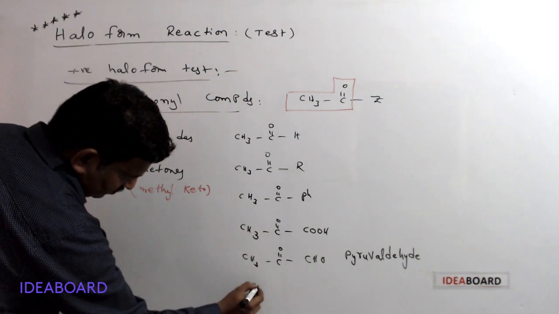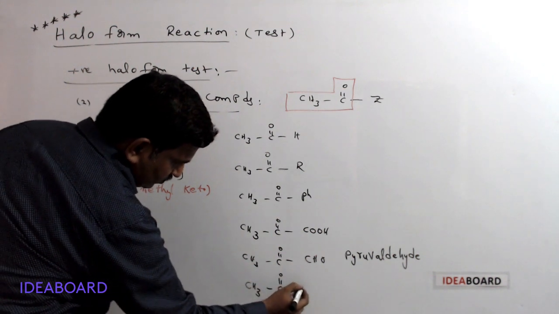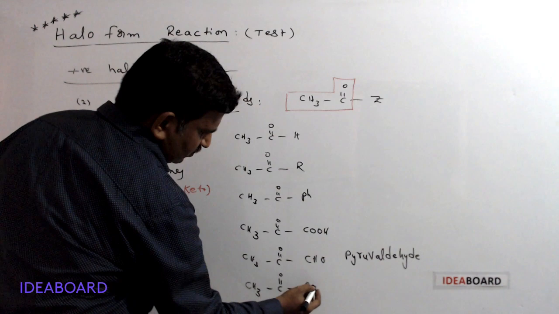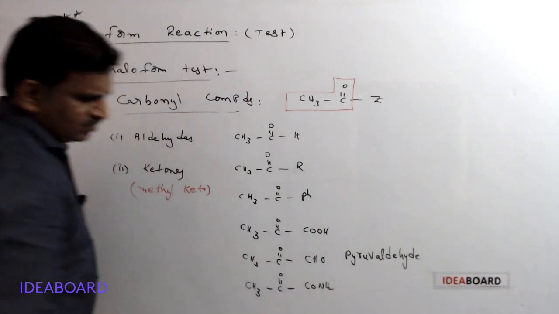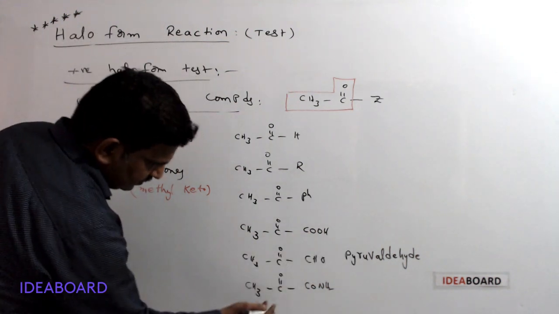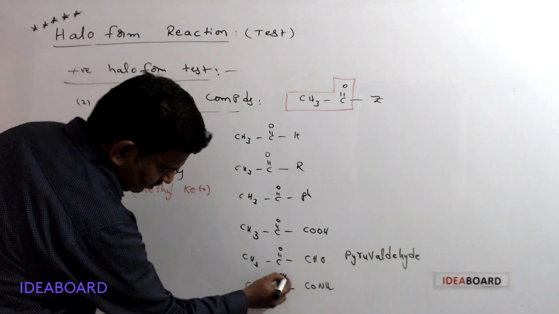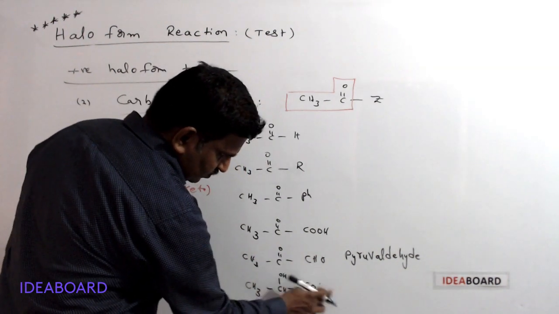And next, CH3 CO COCl or CO NH2 we can take. This is pyruvic acid, and we can use CH3 CHOH COOH also.